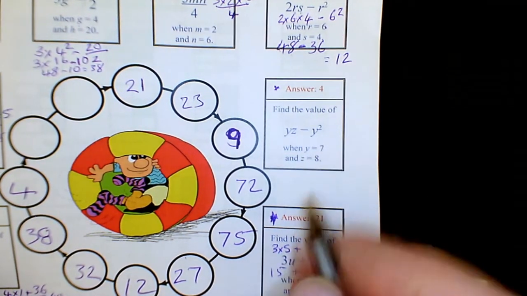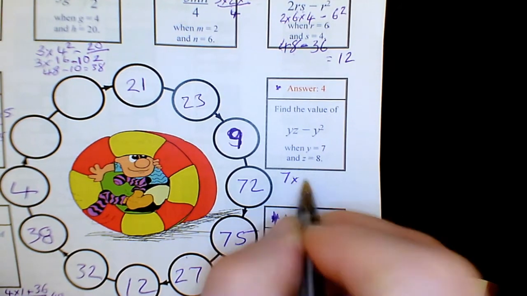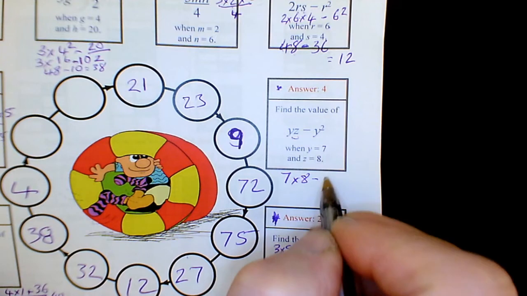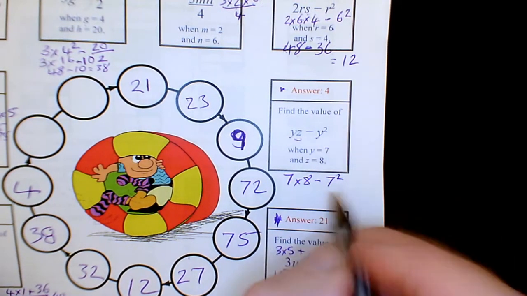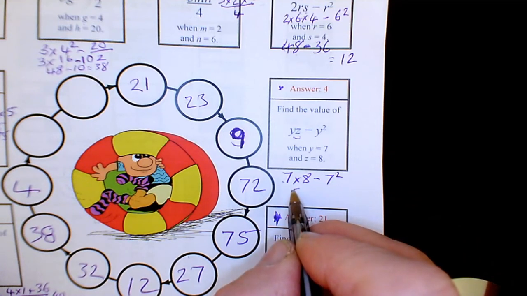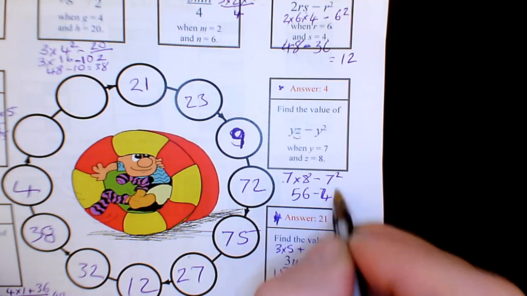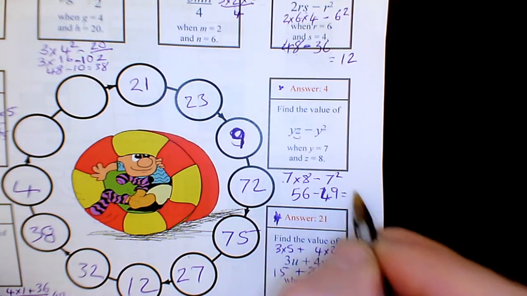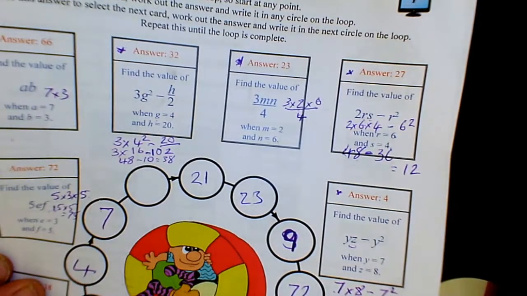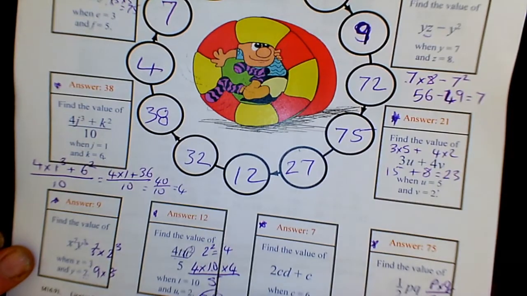Yz minus y squared. So y is 7 multiplied by 8 minus 7 squared. So 7 times 8 gives me 56. Take away 7 squared, which is 49, leaves me 7. One more left to do, which is this one down here.